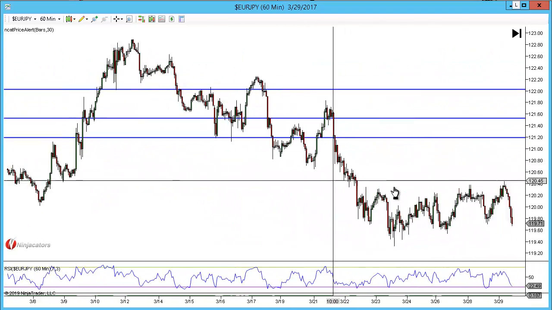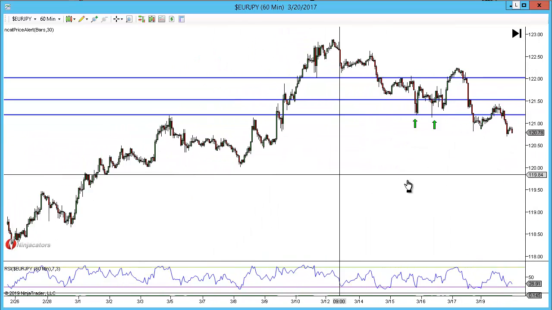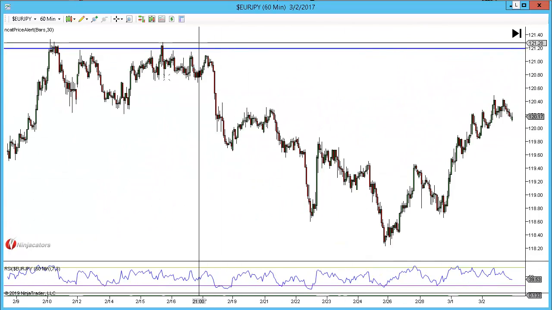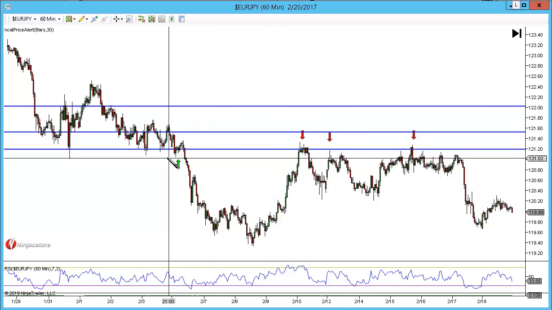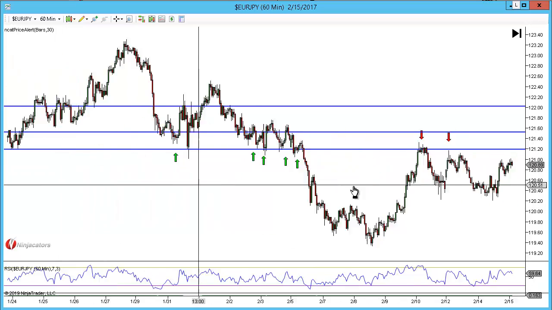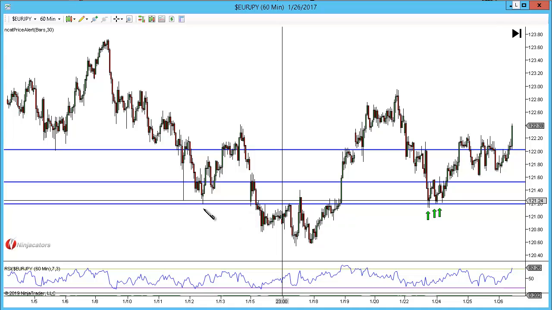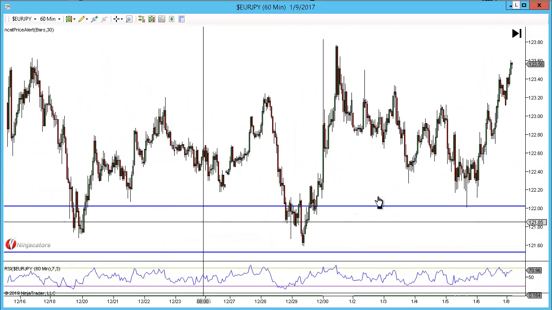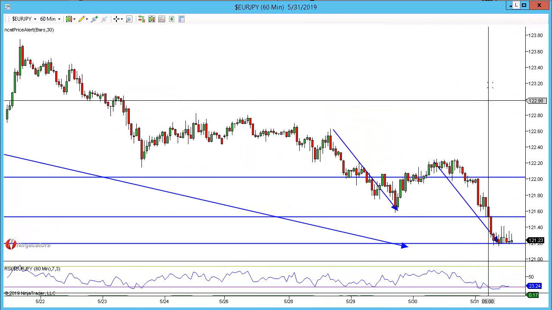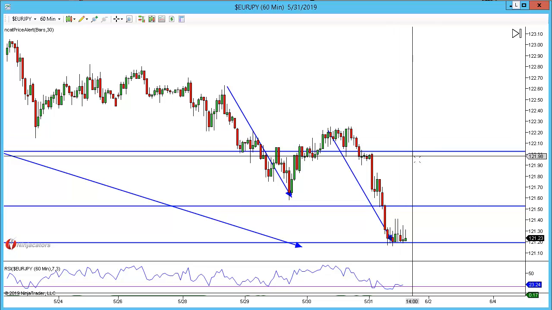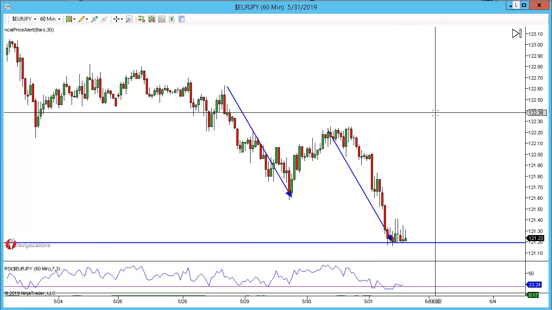Okay, the third one. 1, 2, 3, 4, 5, 6, 7, 8, 9, 10, 11, 12, 13, 14, 15, 16. Okay, it is historic, but nevertheless we have seen reactions at that zone. So we've got an AB equals CD pattern coming into an area that's been tested multiple times.